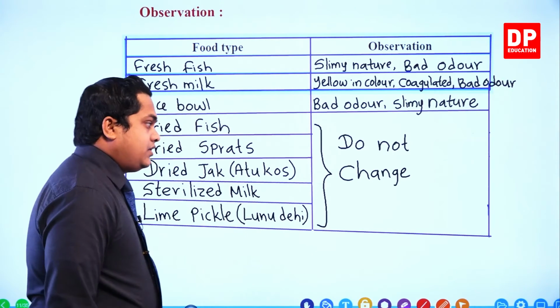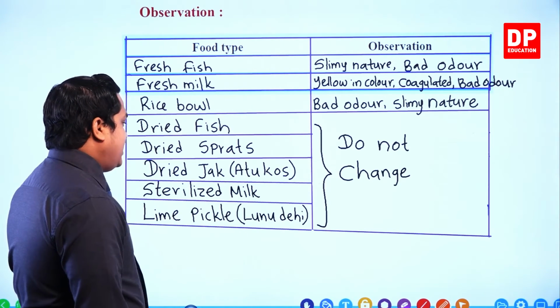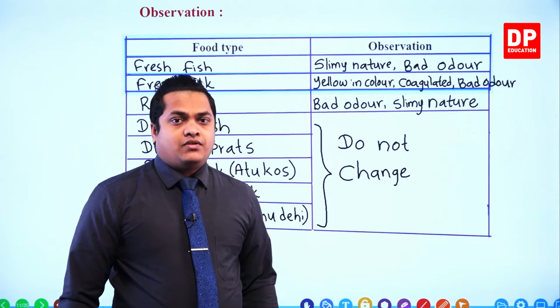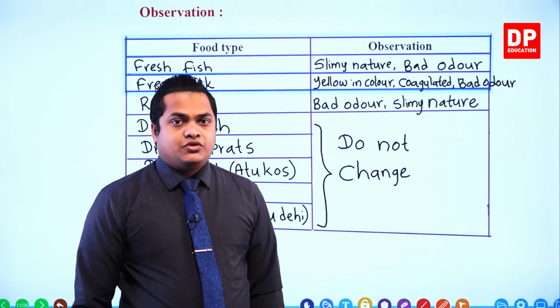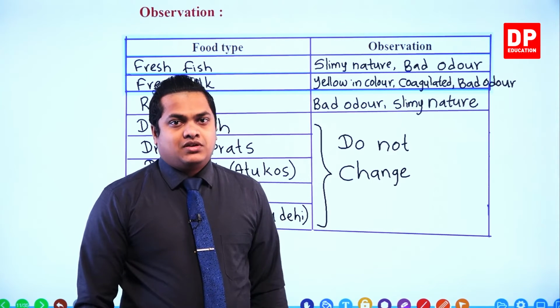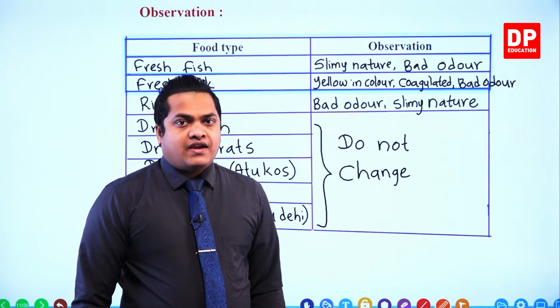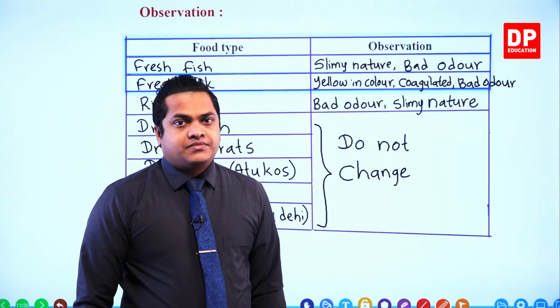Then lime pickle, lunu dahi. We can also keep lime pickle for a longer time period than the normal usual lime, because by adding salt, we have preserved these food items.